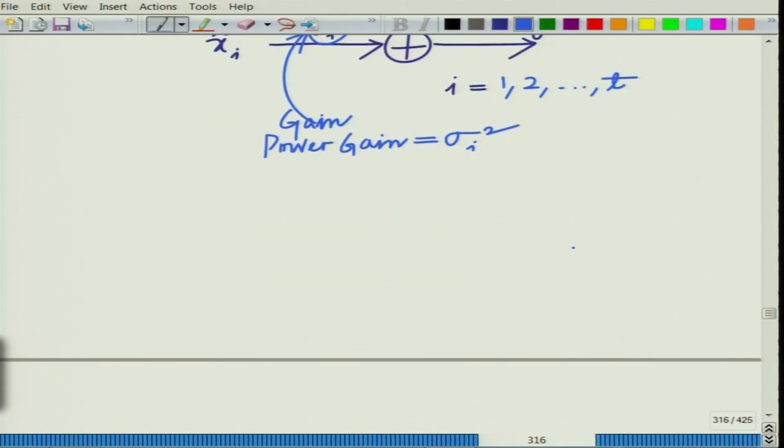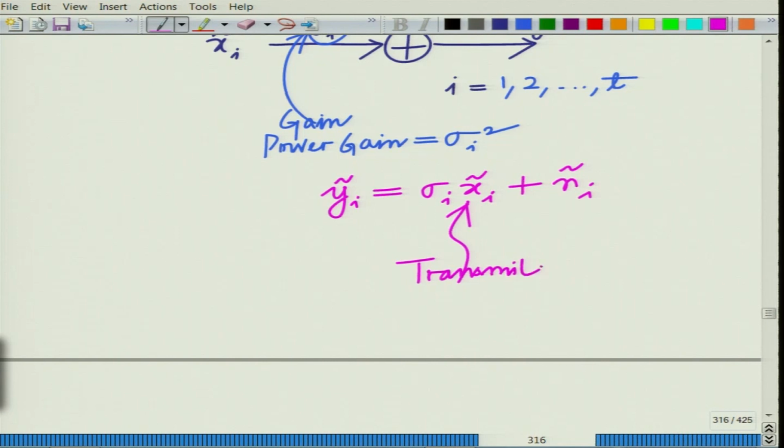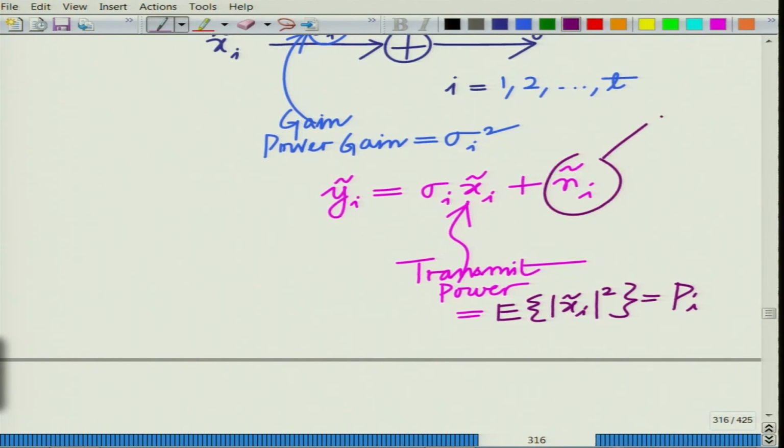The model is yi tilde equals sigma I xi tilde plus n tilde I. Let us now assume that the transmit power of the ith symbol is equal to expected value of magnitude xi tilde square, let this equal to pi, let us call this pi, and let us call the noise power as sigma square.